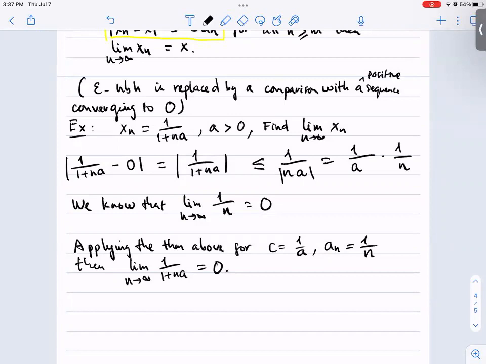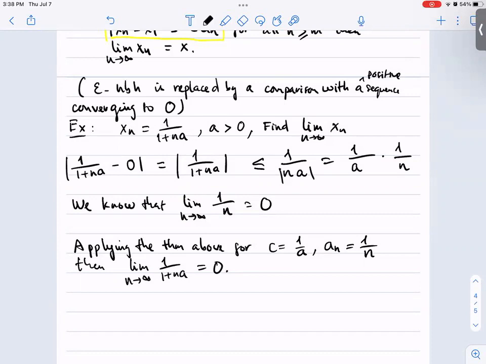But a and n are positive numbers, so the absolute value of a is equal to itself, the absolute value of n equals itself. That's why this equals 1 over a times 1 over n. We know that the limit of 1 over n equals 0 when n approaches infinity by the previous example.